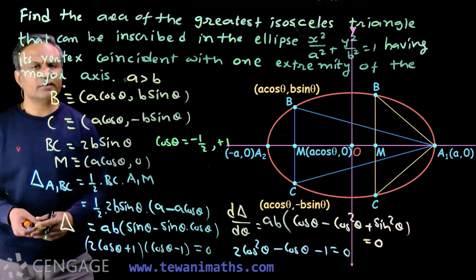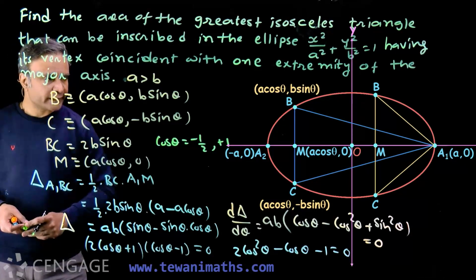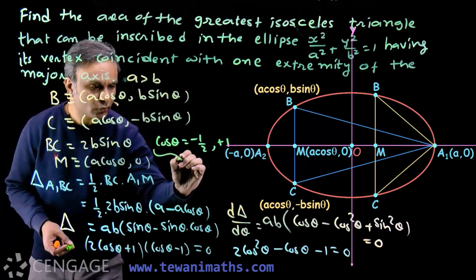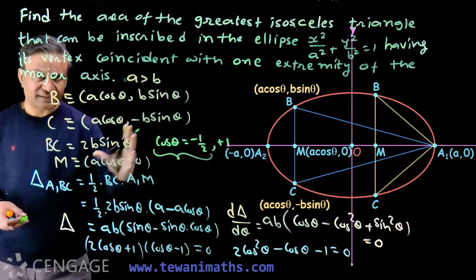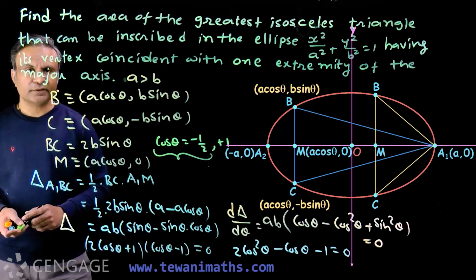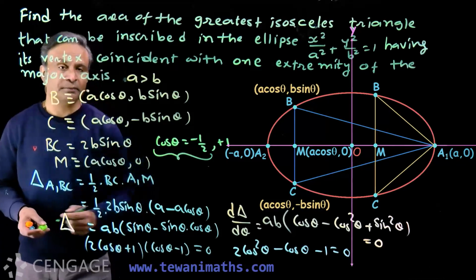We have second derivative test through which we can confirm or verify that this value of cos theta is for maximum value of delta. इसको भी चेक करने की जरूरत नहीं है. Definitely this will be for maximum area.